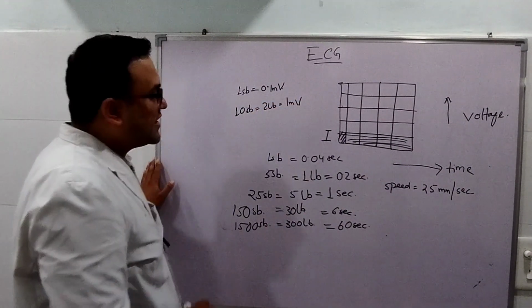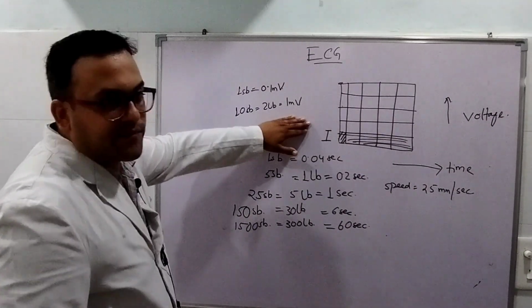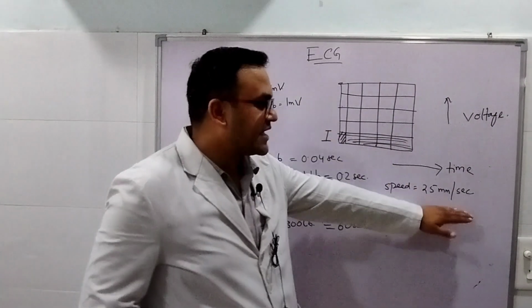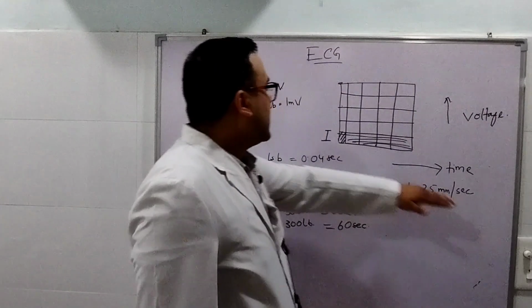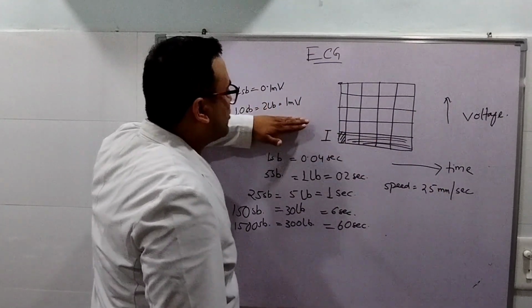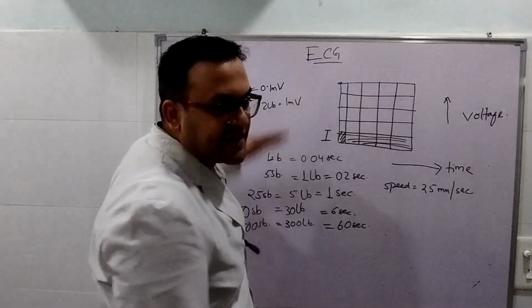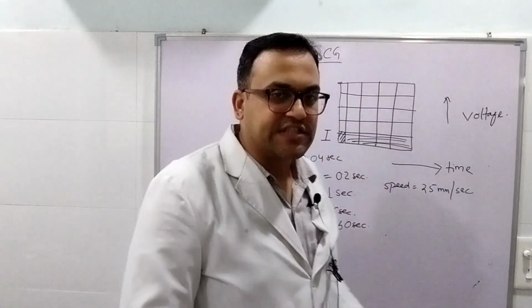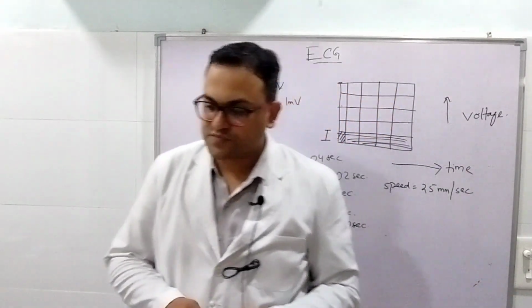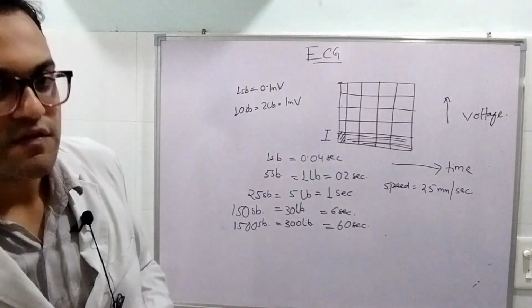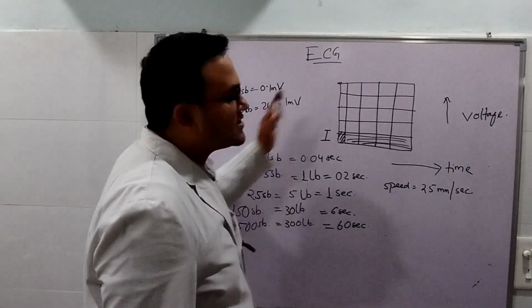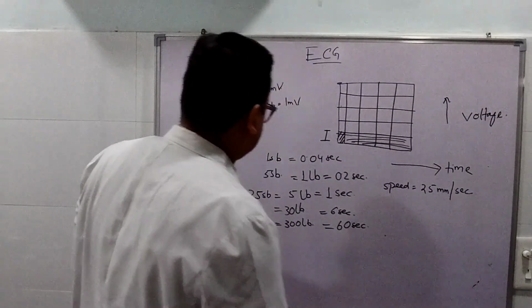So this is the standardization of the ECG. The ECG paper has to run at 25 millimeters per second, and the amplitude has to be set at 1 millivolt. That is the standardization of ECG. In every ECG paper it is written. So before checking the ECG, we should always check the standardization of the ECG.